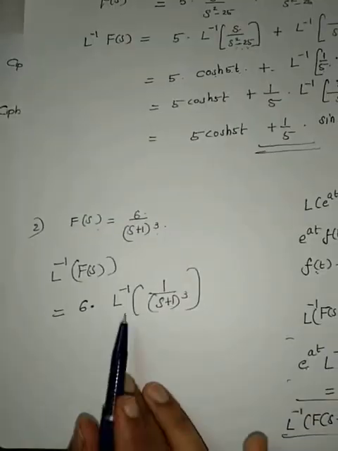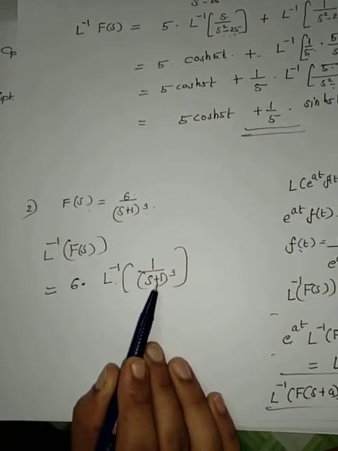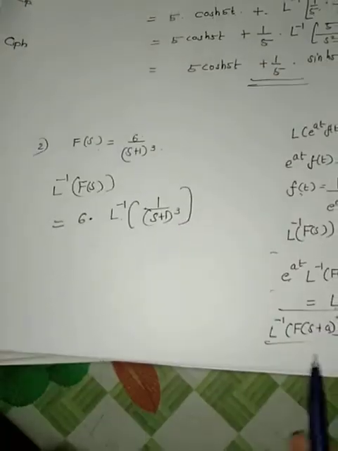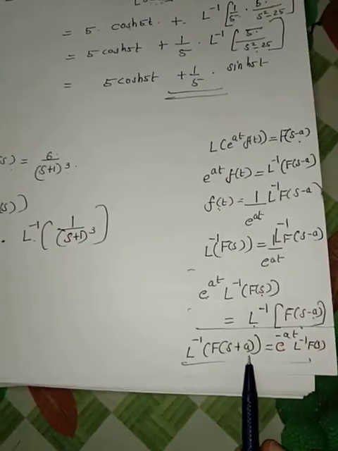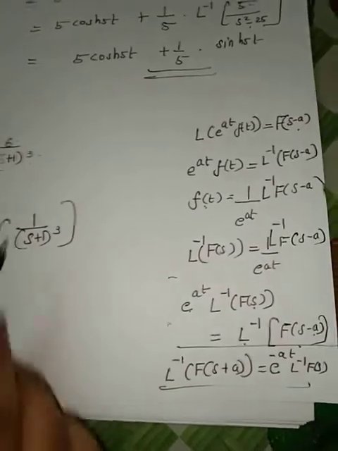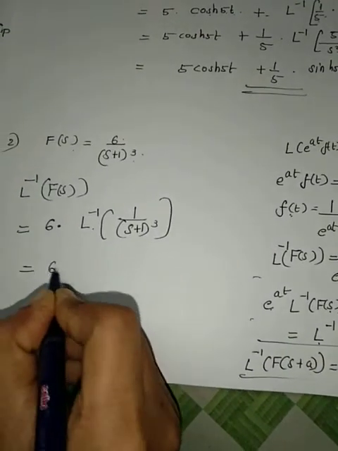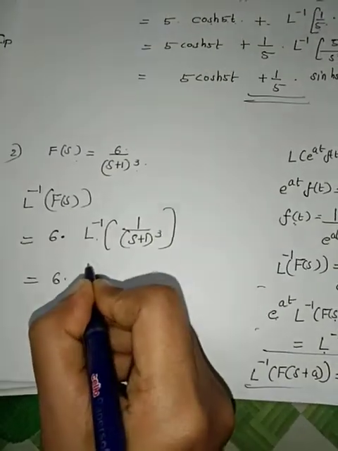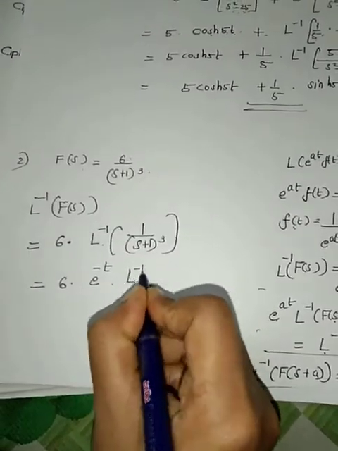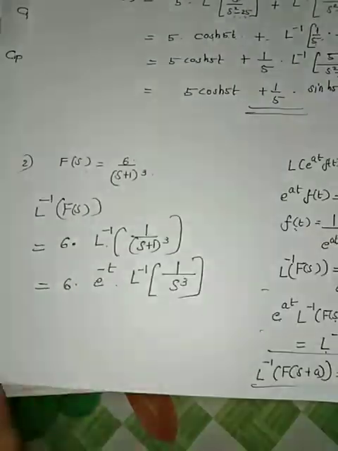It is of the form L inverse of F of s plus a. Using this result, L inverse of F of s plus a is e raised to minus at into L inverse of F of s. Here, the value of a is 1. Therefore, this is equal to 6 into e raised to minus t into L inverse of 1 by s cube.